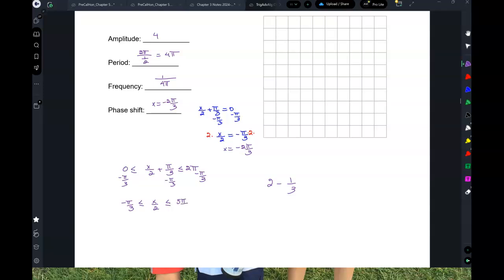5 pi over 3. Because it's 2 pi minus pi over 3. And then you remember you have to multiply by 3. Oh, I did it. 6 pi minus 1 pi. So 5 pi over 3. So here we go.